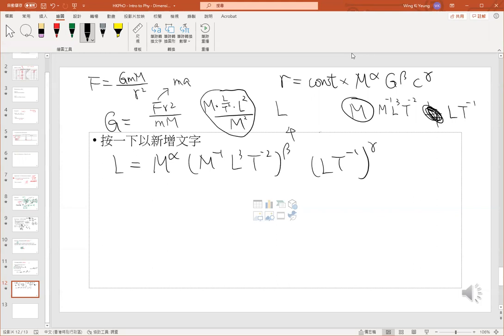Right? Then you just expand everything on the right hand side and simplify it. I do it a little bit fast, but I think you can still do it by yourself. I hope I get it correct.